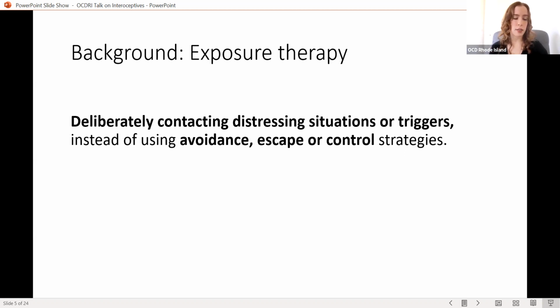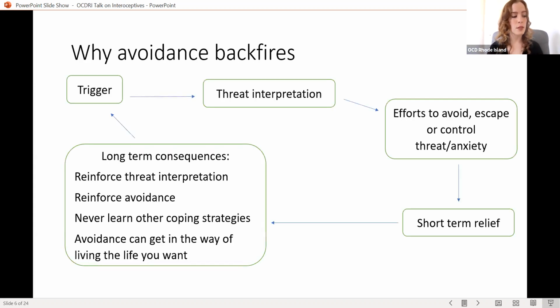Doing the opposite, though, of avoiding, getting in contact on purpose, lets you build up a tolerance to being with a distressing trigger or situation so that you can have the freedom to not avoid it, so you can do more things in life even when there's discomfort there, and so you can build some confidence and self-efficacy about your ability to handle things even when they feel uncomfortable.